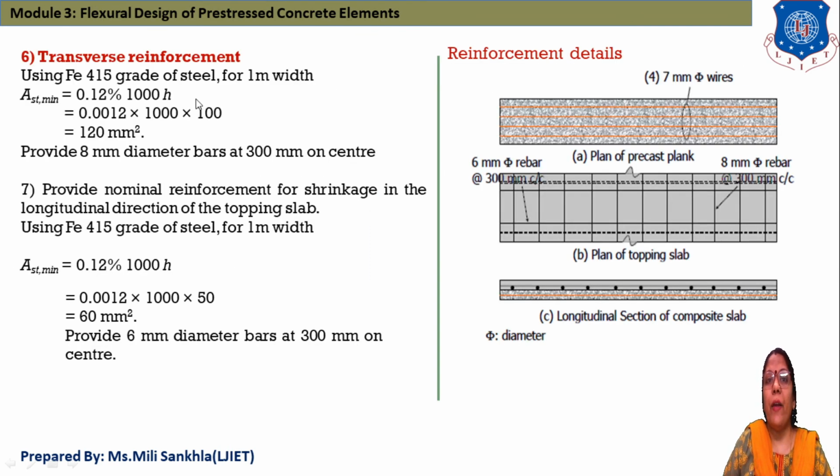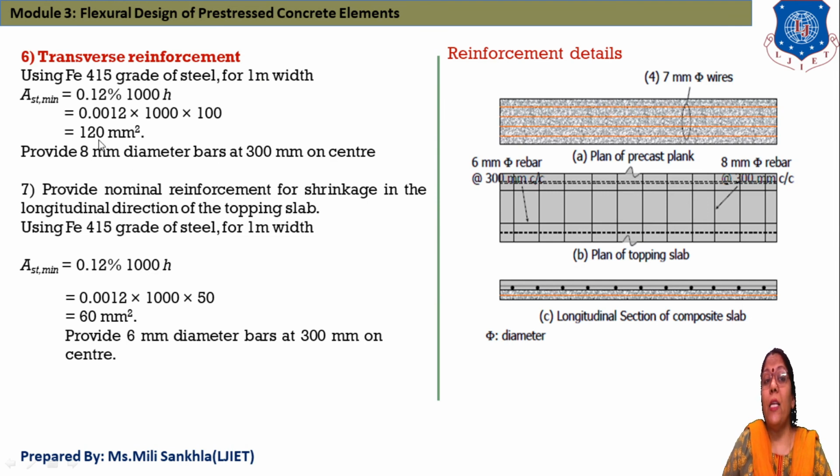Now we find out transverse reinforcement. Here the grade of steel is given as Fe415. According to IS 456 we take the minimum area of steel for Fe415 as 0.12 percent of 1000 h, that means 0.12 divided by 100 into 1000 and h is 100, because here we discuss for 1 meter width.